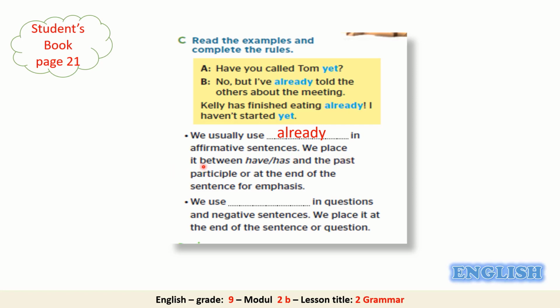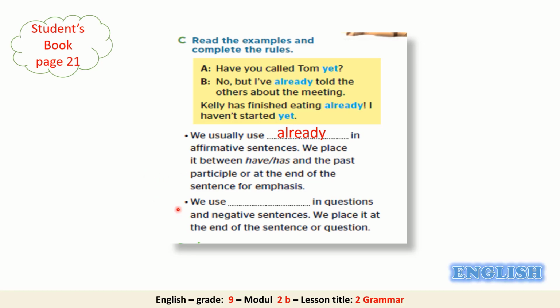We place it between have, has, and the past participle or at the end of the sentence for emphasis. In this example, we place already between have and the past participle, whereas in this sentence we put it at the end of the sentence for emphasis, to add more strength, more stress.